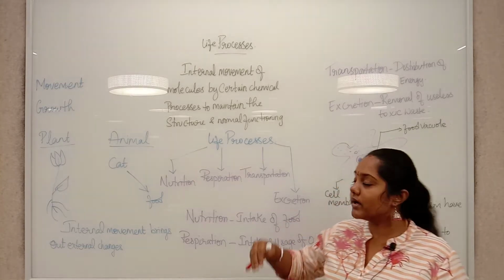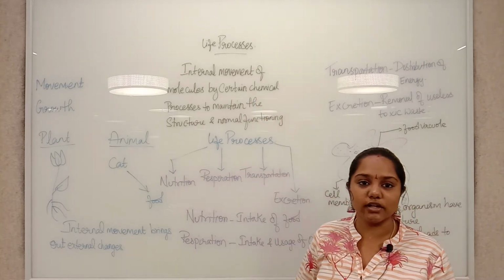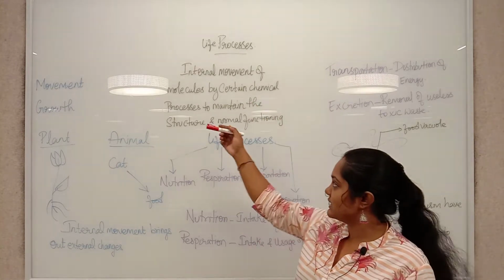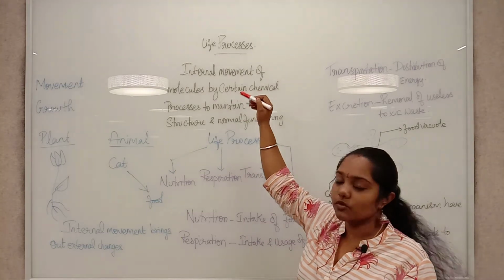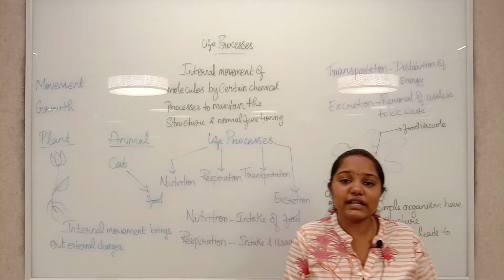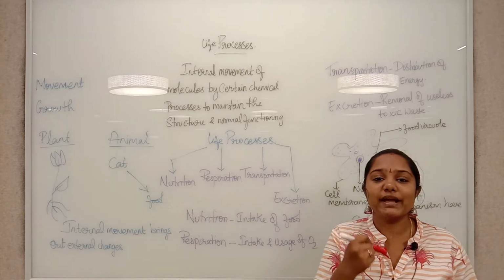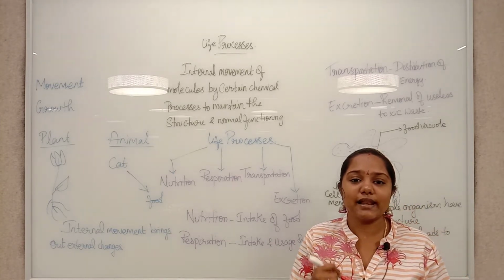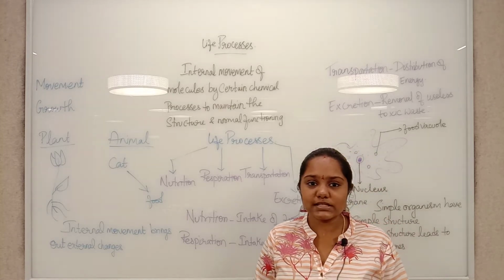That internal movement is what exactly we are talking about as life processes. So, let's see the definition again. The internal movement of molecules by certain chemical processes to maintain the existence of life is what we call life processes. Is that clear?